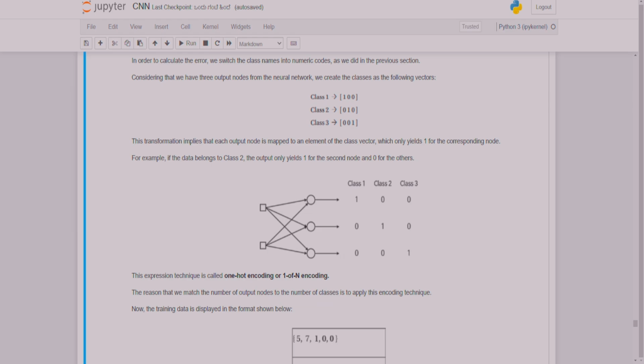Similarly, the third neuron fires only when the data comes from class 3. Irrespective of which class it is, only one of them will be high and the other two will be low. So you have to read column-wise now, not row-wise. One of them will fire for a given data set when you do the testing. Is that clear?